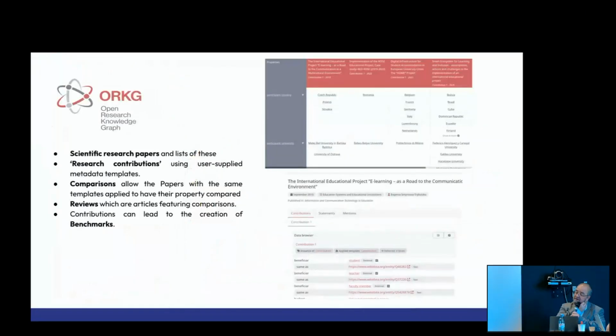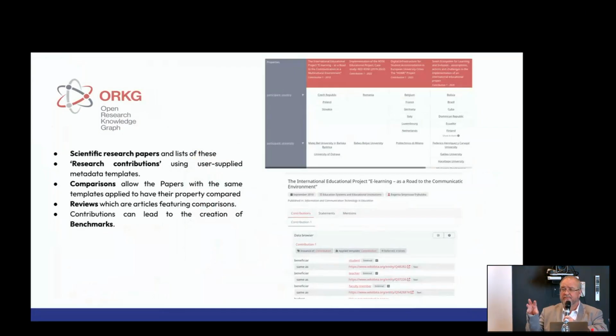OKRG is another view on scientific publication. It's an analysis of scientific publications. So, of course, we have scientific research papers, therefore publications, and lists of them. We need to see now in these two, GESIS and OKRG, how publications and their metadata are represented.